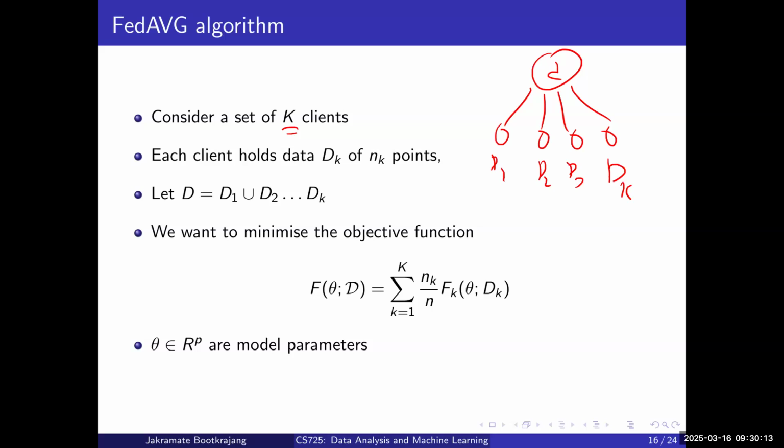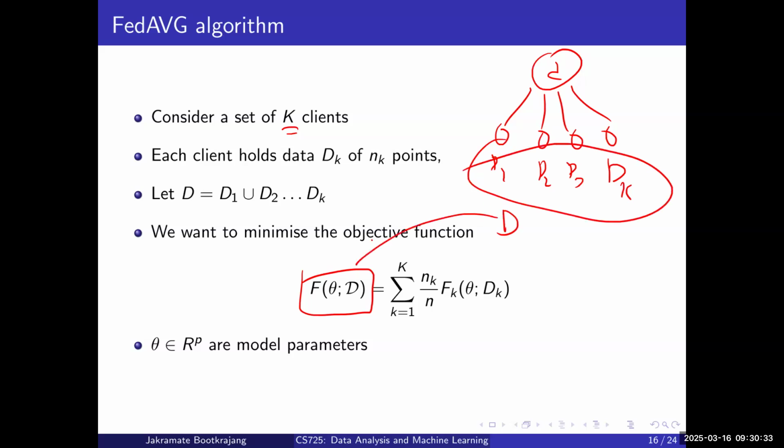And what we actually want to do is minimize the objective function. This is the objective function if you combine all of this into one big data set, that will be what you want to optimize.